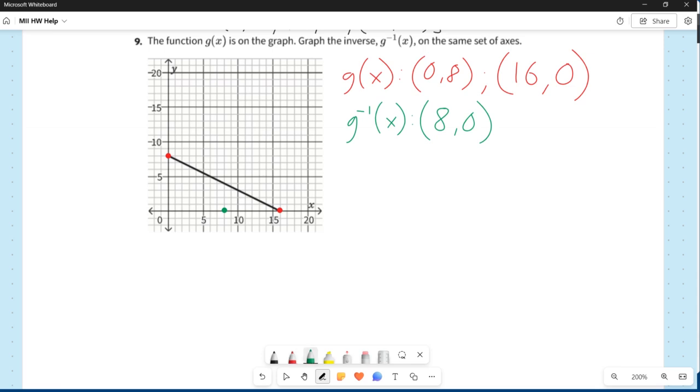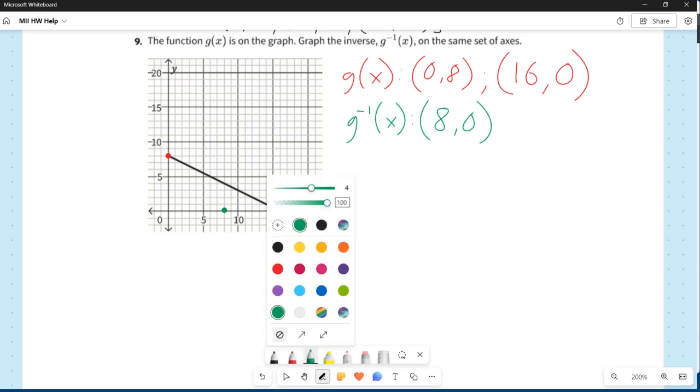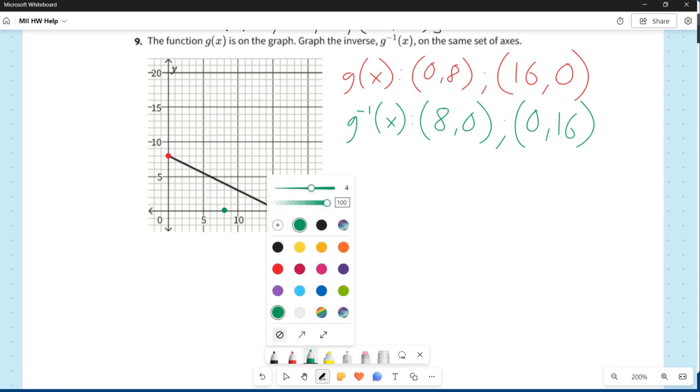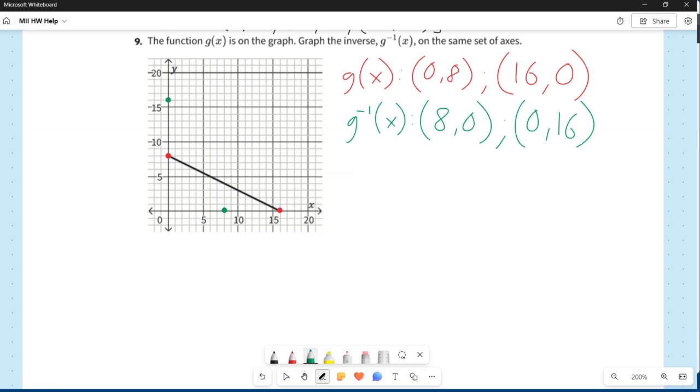So that means that for our inverse function, if we take x and y and flip it again, we would expect that to be on g inverse of x. So if we flip it, we get 0, 16, which now becomes our y-intercept. So we can plot that. 0, 16 is right there.